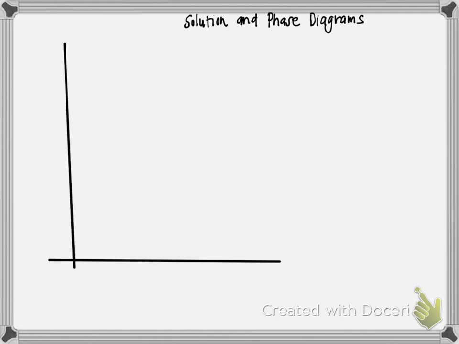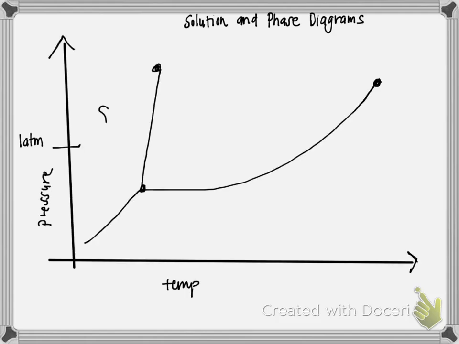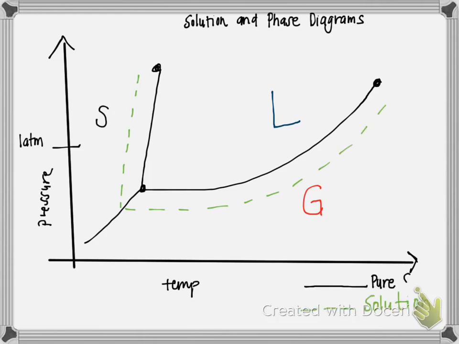Okay, so for this slide, what I wanted to show you is just the phase diagram of a solution versus the phase diagram of a pure solvent. What you see right now in the black solid lines is the phase diagram for the pure solvent. The green dotted line is the phase diagram for your solution.